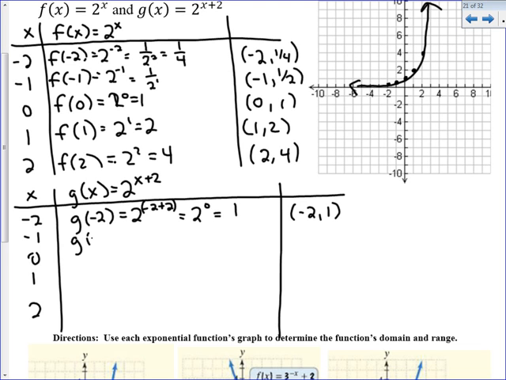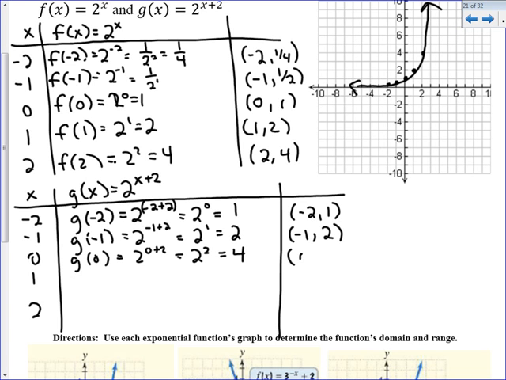And then for g of negative 1, I have 2 to the negative 1 plus 2. Again, all the numbers in the exponent you've got to simplify first. It's 2 to the first, or 2. Then for g of 0, 2 to the 0 plus 2 is 2 squared, 4. G of 1, 2 to the 1 plus 2.